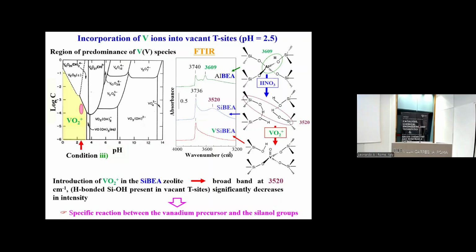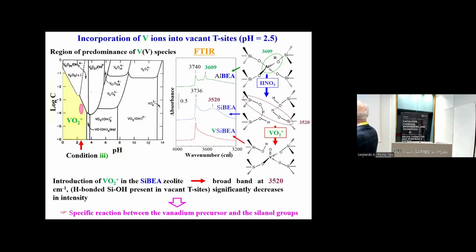First, by infrared spectroscopy, we can see that in the first step we have the aluminated beta zeolite with an AlOH group. This group is presented in the infrared spectroscopy by the band at 3609. When we remove aluminum from the zeolite by treatment with nitric acid, we obtain a vacancy site with OH groups.